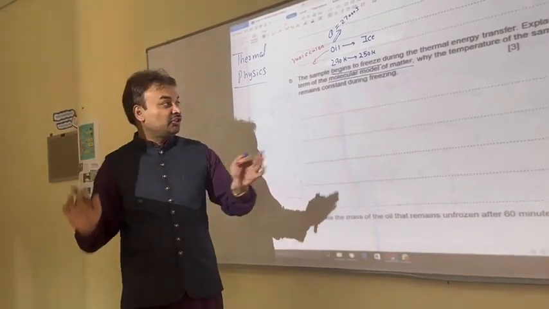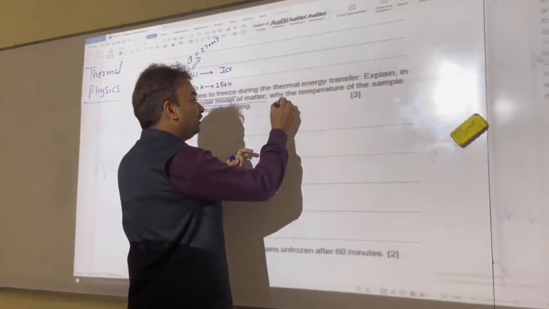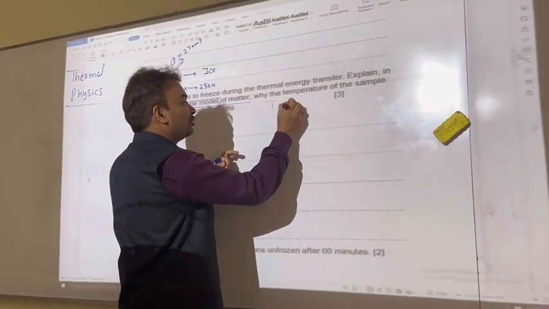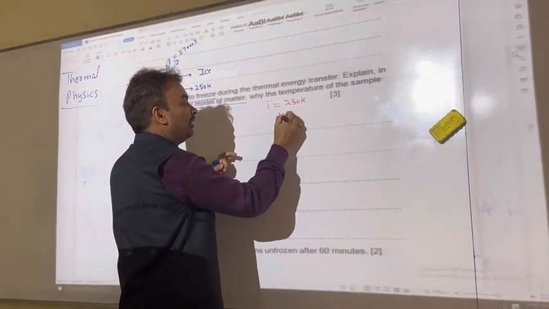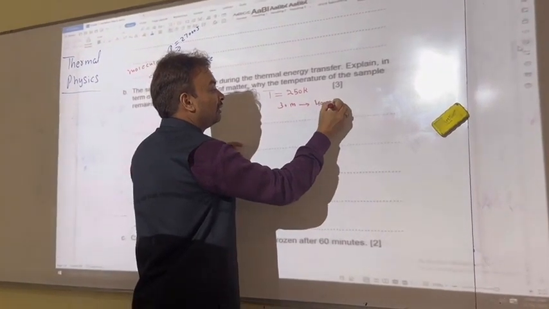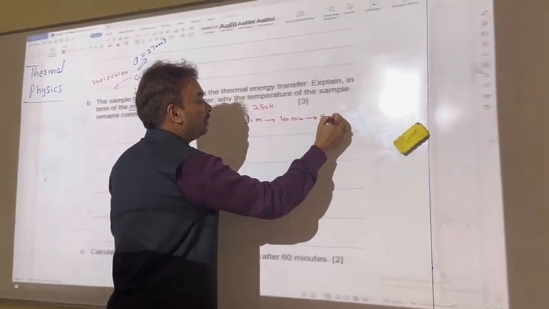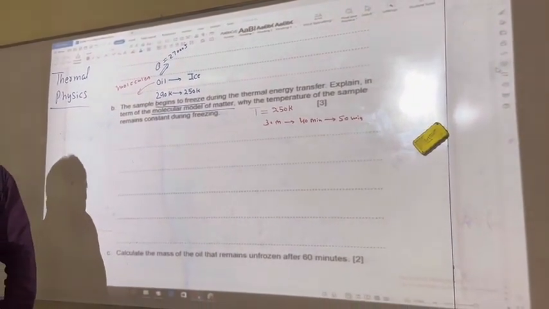Why is it not changing? Now the temperature remains constant at 250 Kelvin for all the time, for 30 minutes, then for 40 minutes, and then for 50 minutes. Why is the temperature fixed?